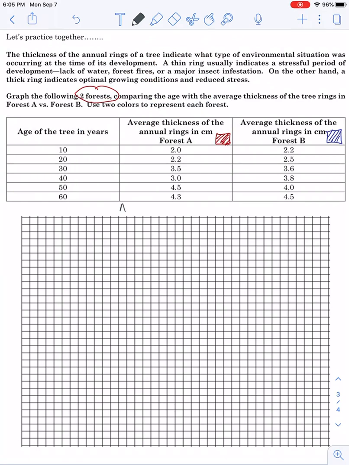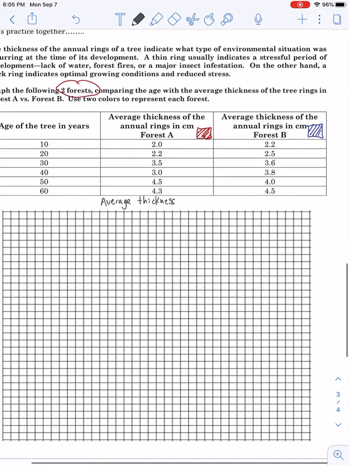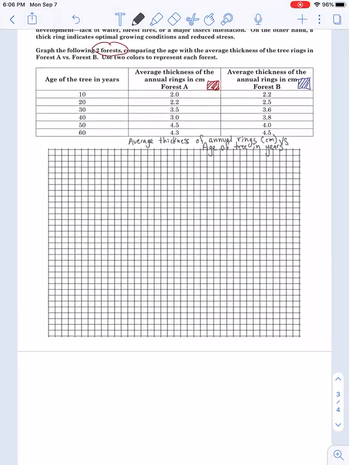So, average thickness of annual rings, and that's in centimeters, versus age of tree in years. So we have a title.